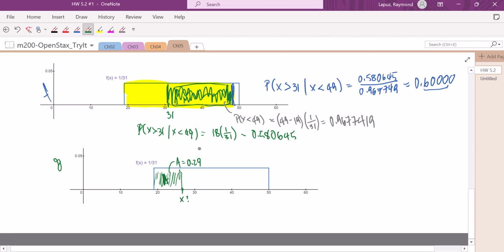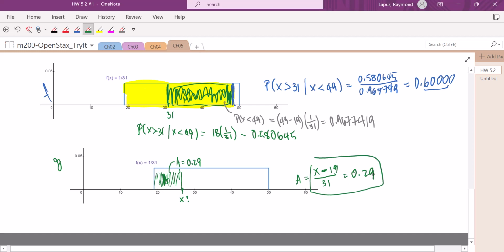Okay, so let's work backwards. We know that the area is base times height. A is equal to the base, which is this x value, unknown right now, minus 19, and then the height is 1 over 31. We want this to equal 0.29. So we'll do some algebra, solving for x in this equation.